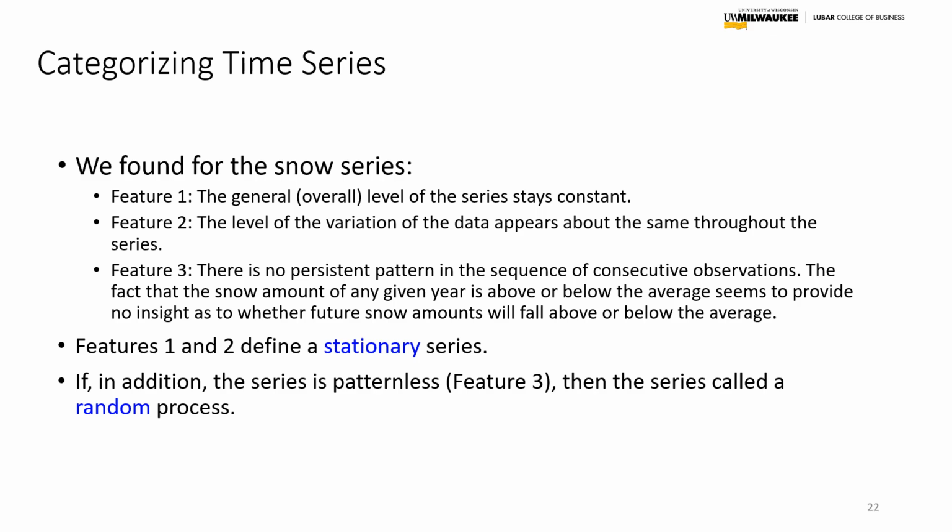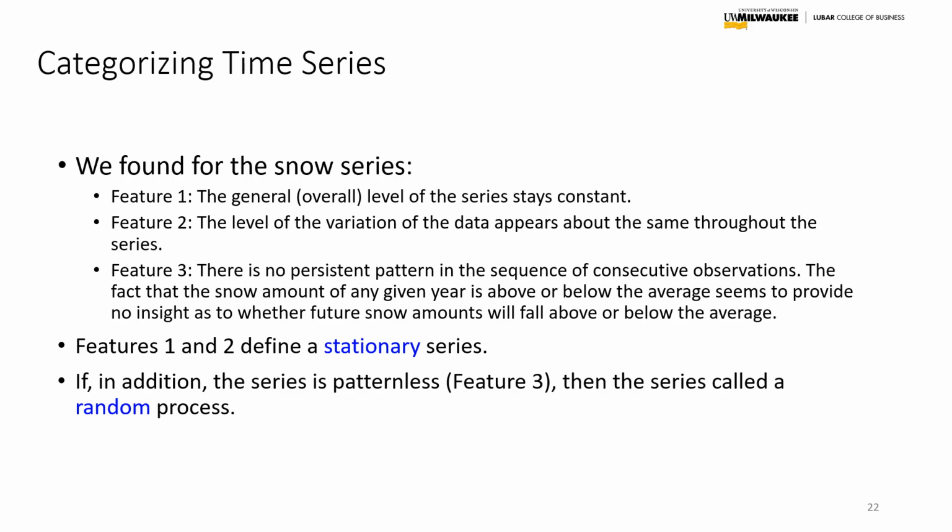The variation above and below is pretty much constant over time. And in feature 3, there is no persistent pattern in the sequence of consecutive observations. That means that the snow amount of any given year is not predictive or providing insight for future years.